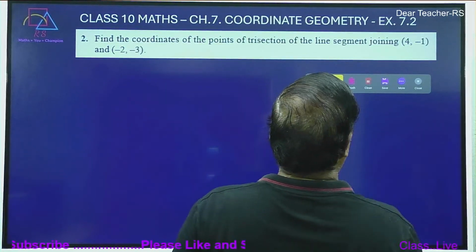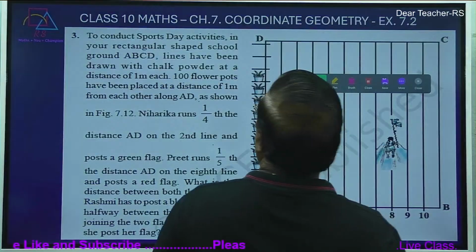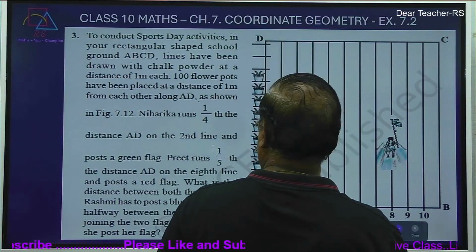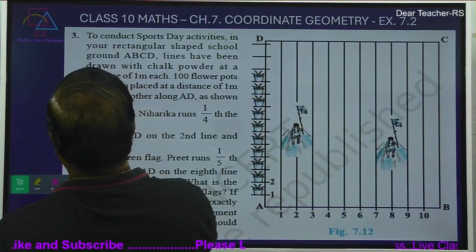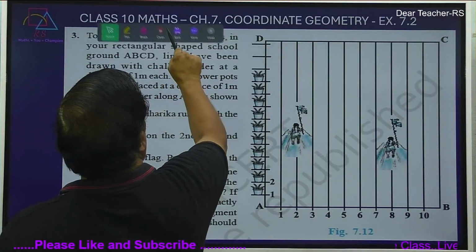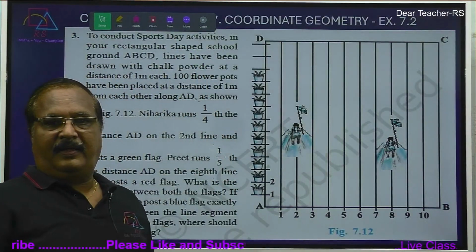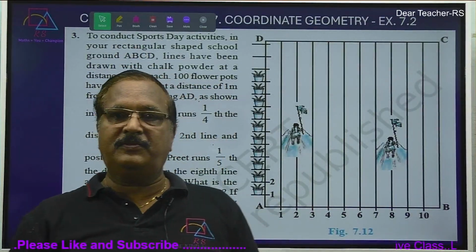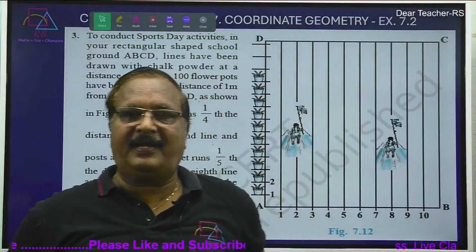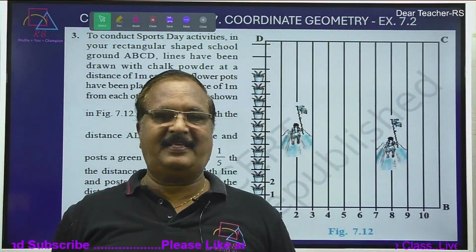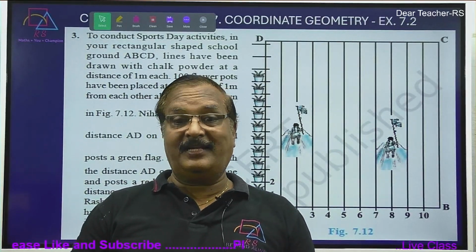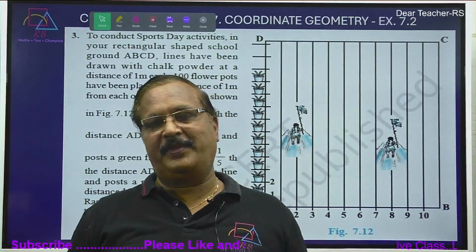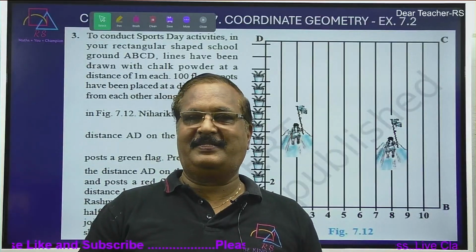So now let me go to another question. A big application question is given. A graph is given and a word problem is given. You have to read it carefully, and after reading you can do it easily, right? It is not that big. Once you understand and put in the formula, you just have to do it with the midpoint formula and the distance formula.